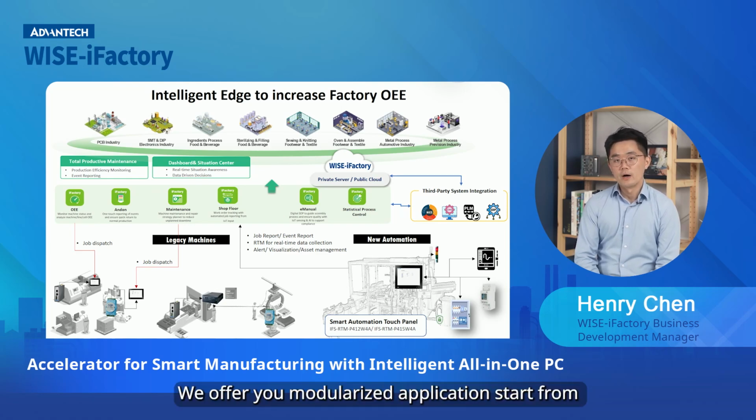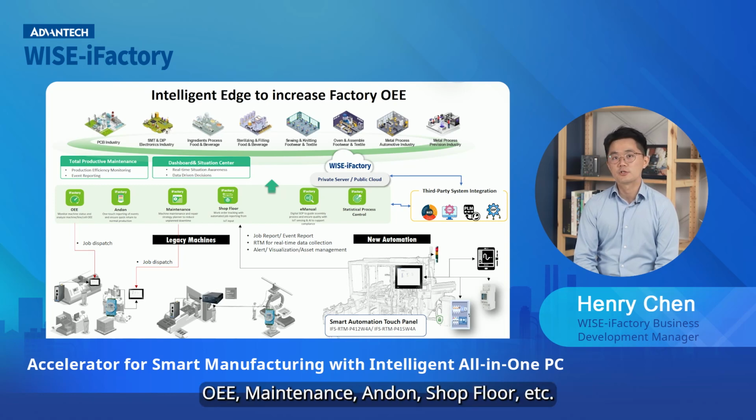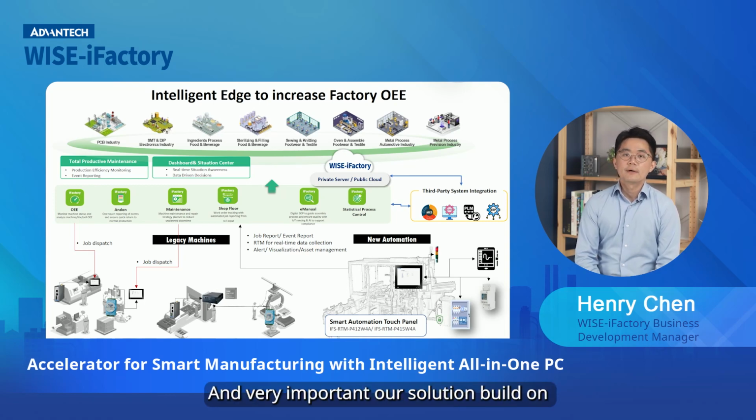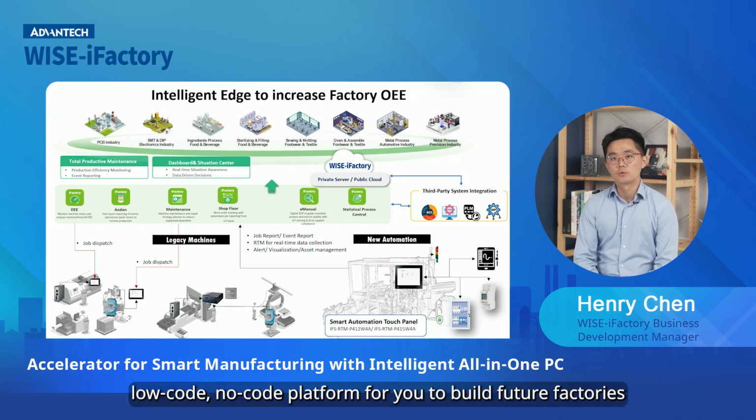We offer modularized applications from OEE and maintenance to shop floor, etc. And very importantly, our solution is built on private server and public cloud, so it is a very modularized and flexible local no-code platform for you to build future factories.